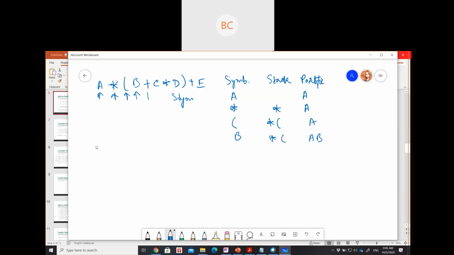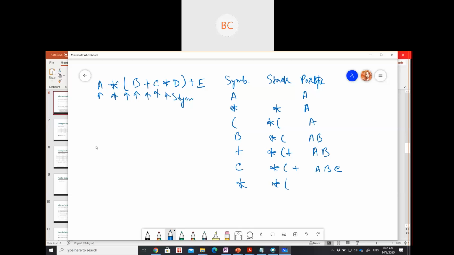Next you have a plus symbol. So you will simply push it to your stack because you don't know the second operand. So this one will remain the same. Next symbol is C. You will put it in your postfix notation. Next symbol is your star or multiplication.